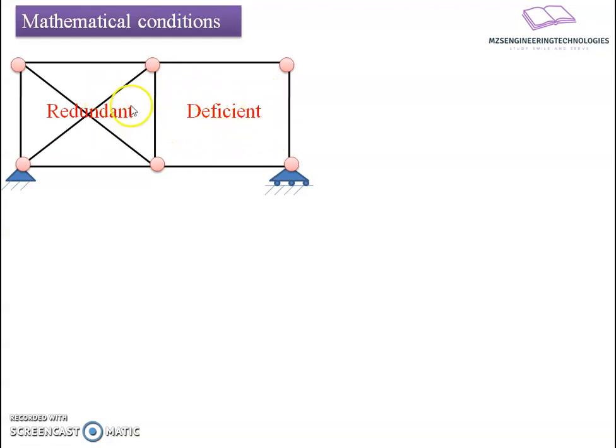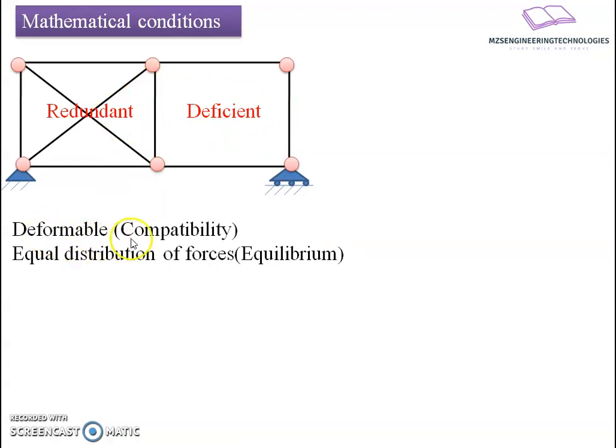Thereby, the truss, which in geometry is itself perfect, is subject to question marks related to compatibility and equilibrium. Here we will say compatibility. This deficient bay will have excessive deformation, whereas this one will have an imbalance in the force.